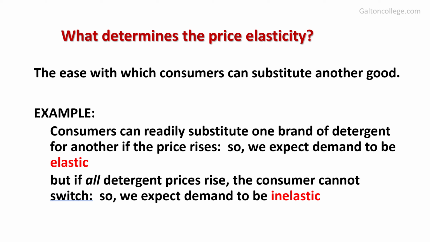As the price goes up, people switch away from it. As the price goes down, they switch back to it. If all the prices for all detergents go up by the same amount, then it's an inelastic demand. It doesn't distort the preferences. It may influence the amount purchased because people may economize, try to cut back on that particular item.